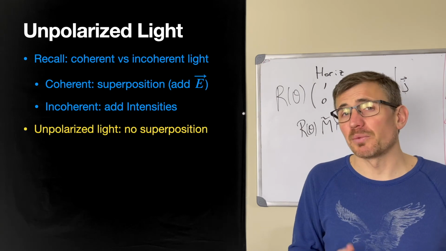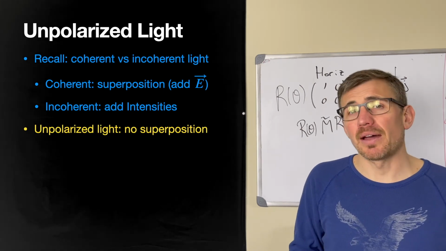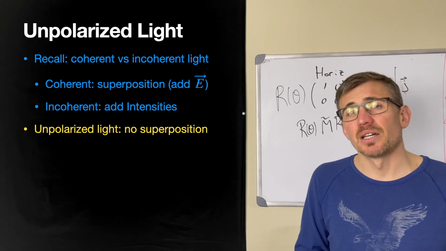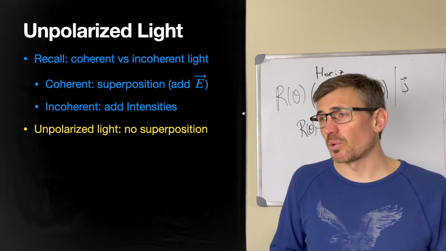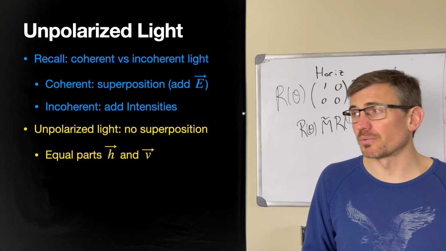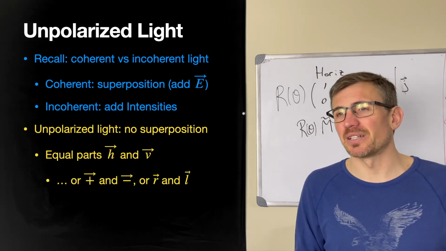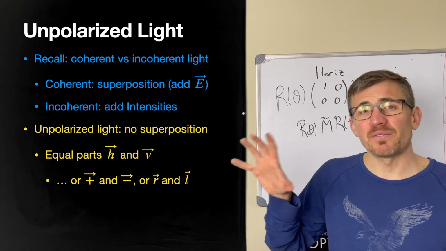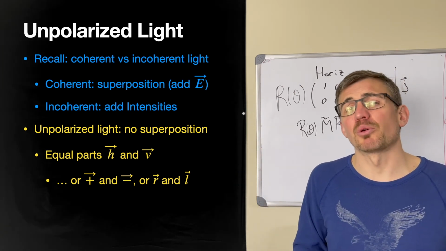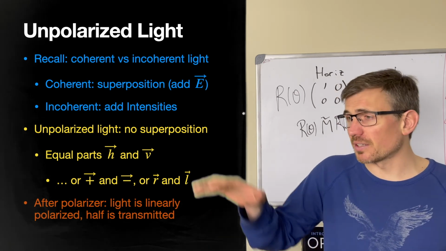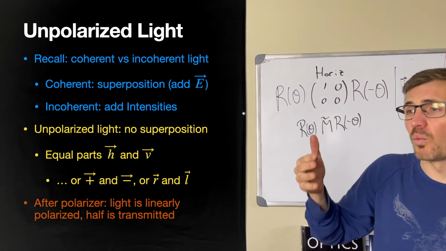For unpolarized light, we don't get a superposition state. We have to just statistically treat it. And in this case, we say that it's 50% chance horizontal, 50% vertical, or 50% plus, 50% minus, 50% R, 50% L. It's 50-50, equally likely to be any polarization. After the polarizer, however, we've now removed one part of that.